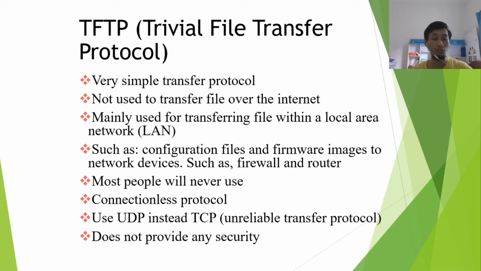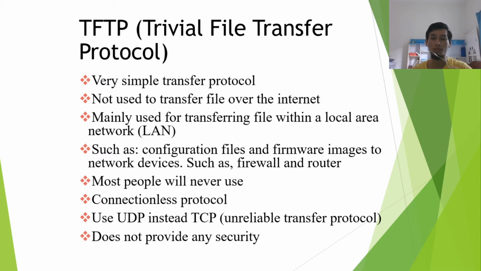And usually the files transferred using TFTP are configuration files and also firmware images to neighbor devices such as firewalls and routers. Most people will never use TFTP because it is not common. It is not secure.